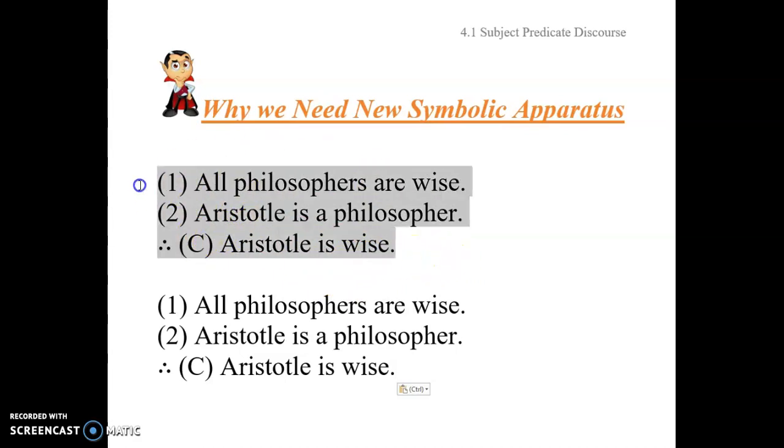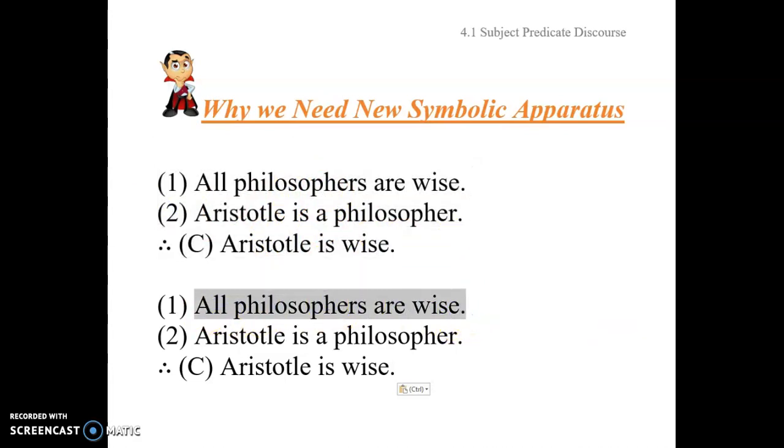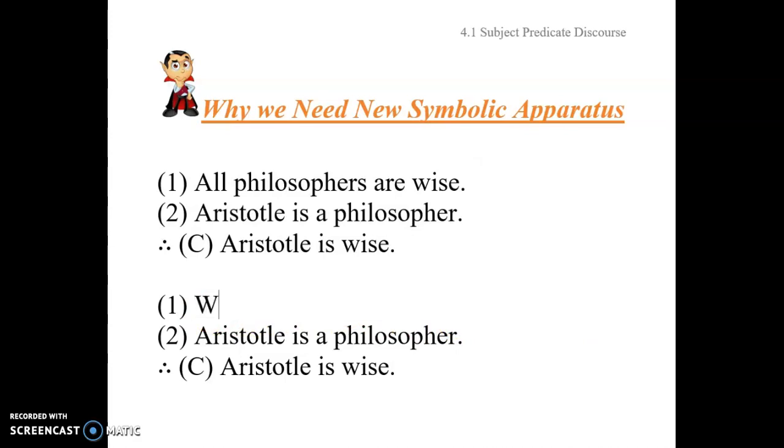So this here is something we would recognize as a valid argument, and so any kind of logic that we develop should not only be able to handle this case, but it should be able to handle it in such a way that the outcome is that the argument is valid. So let's go ahead and symbolize this argument.